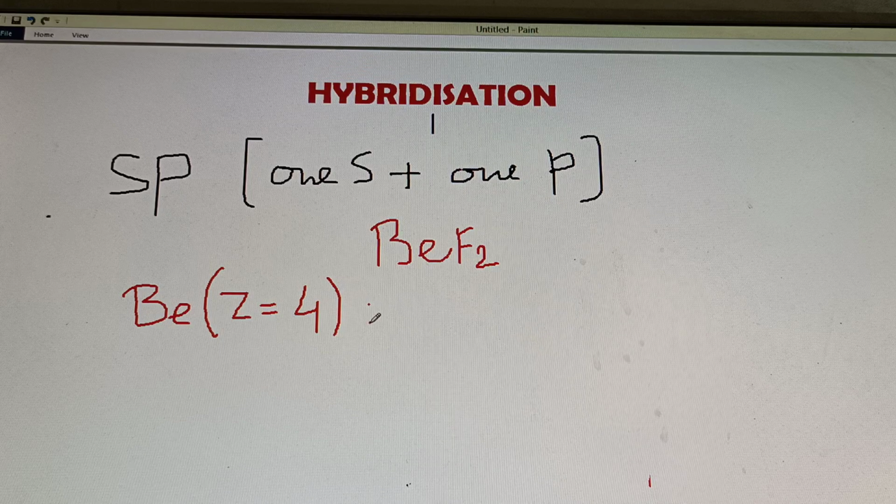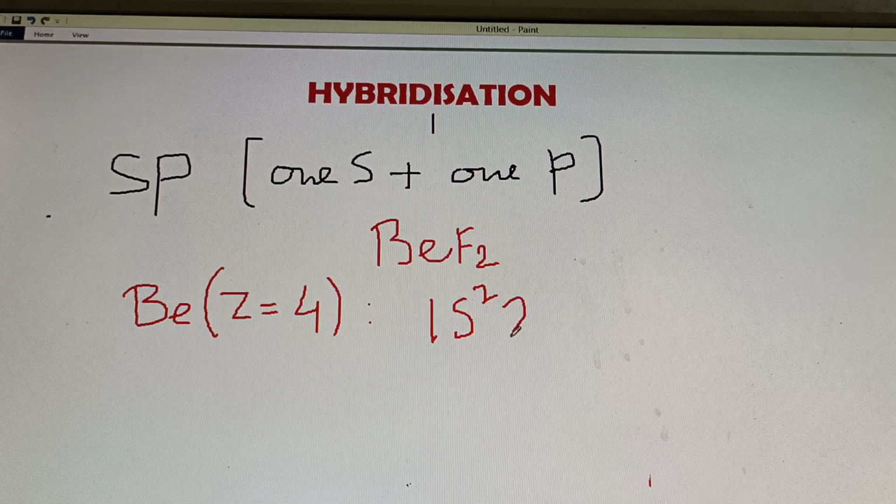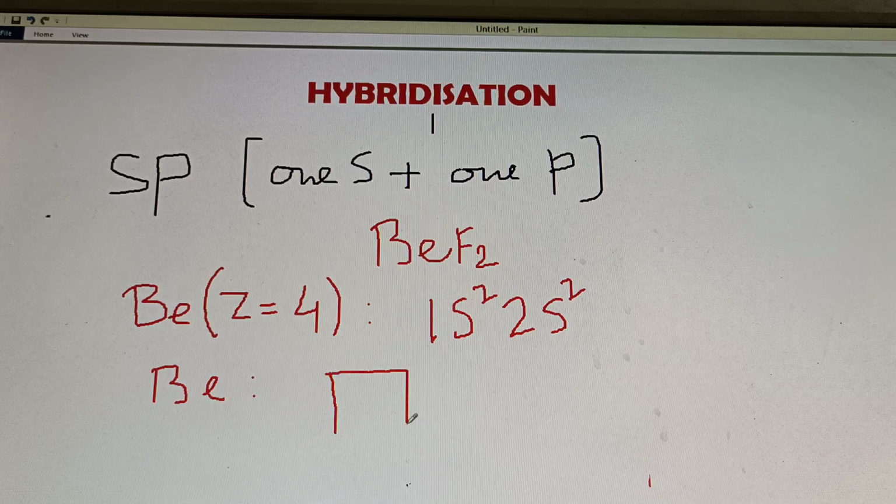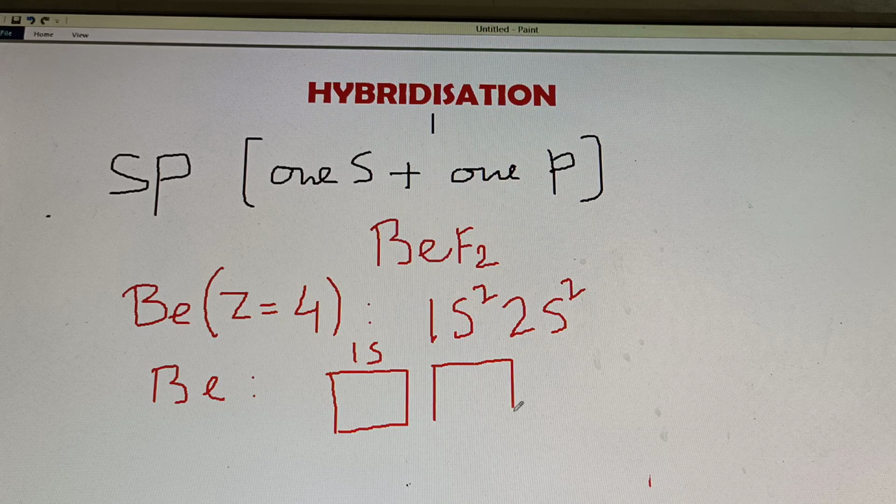So its electronic configuration is 1s2 2s2. We know that one orbital can accommodate a maximum of 2 electrons. So we can write it for beryllium, one box represents one orbital. So this is 1s and this is 2s.